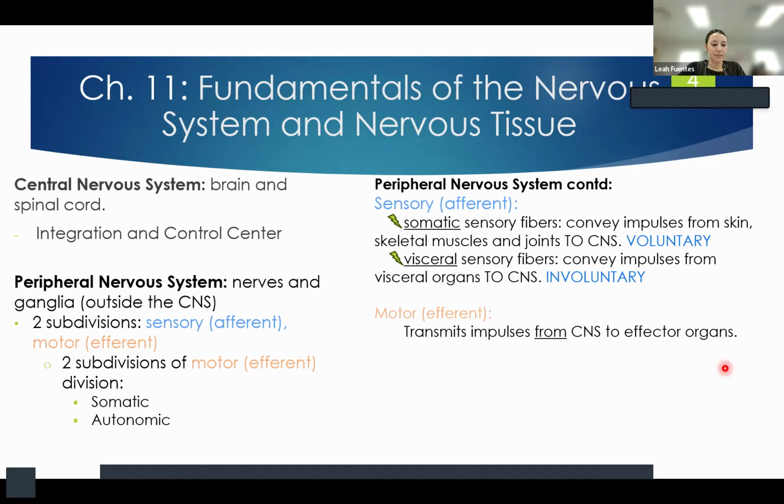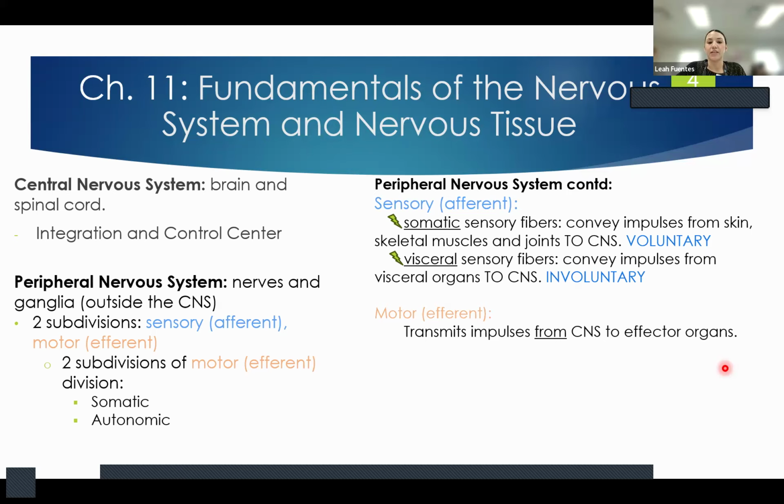And then additionally, in the sensory or afferent division, we have somatic and visceral sensory fibers. The somatic sensory fibers convey impulses from your skin, skeletal muscles, and joints to the central nervous system. And then your visceral sensory fibers convey impulses from your visceral organs to your central nervous system.